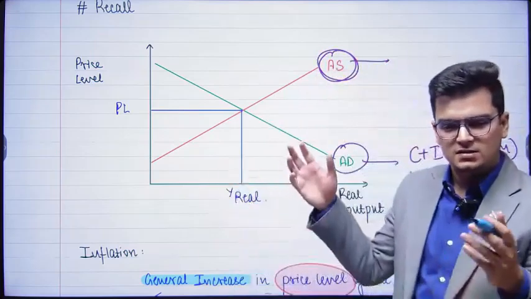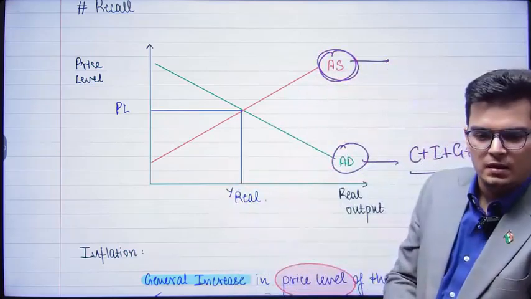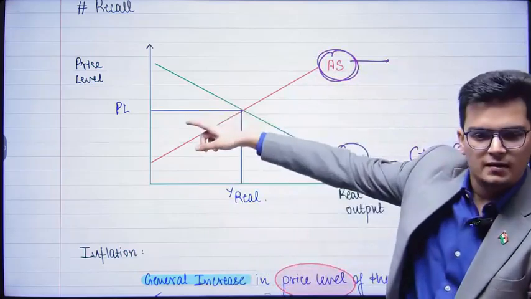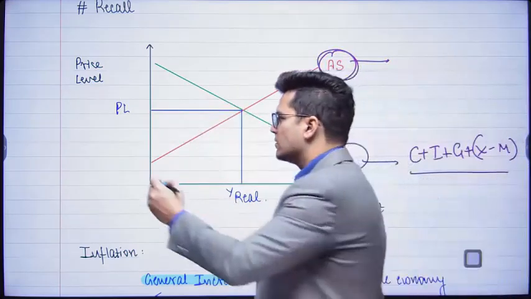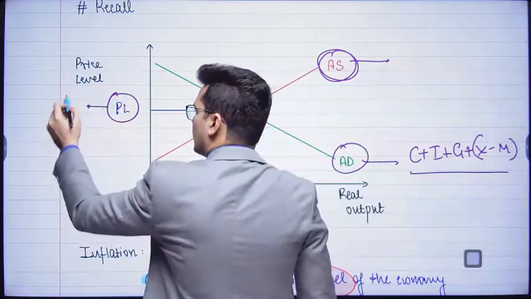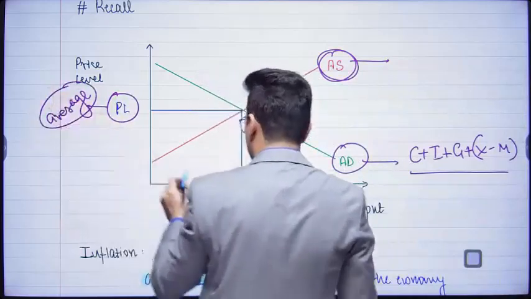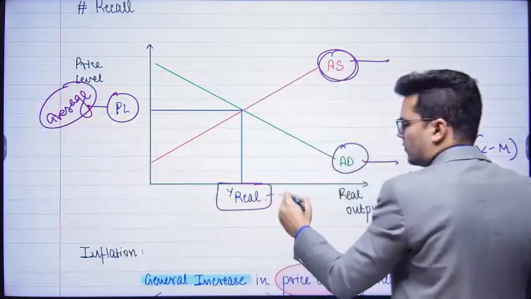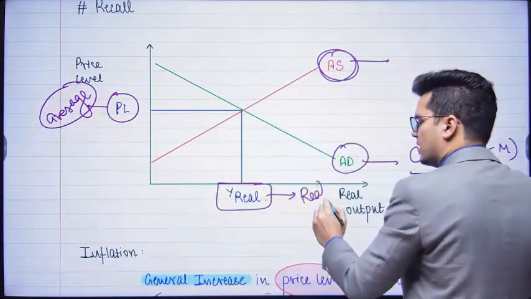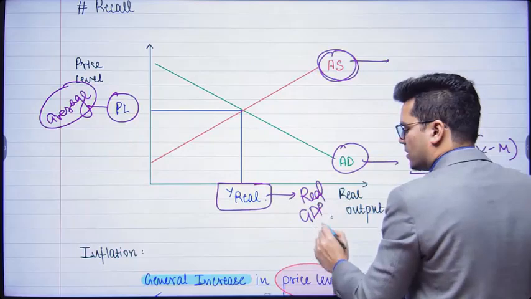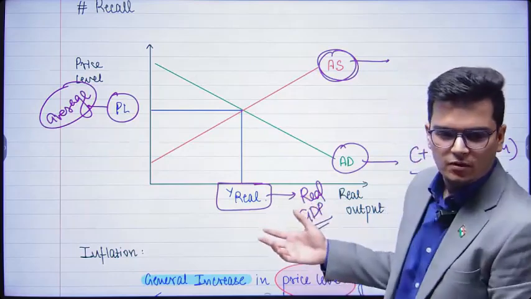Aggregate supply is total supply put together. Now this PL here, this is what? Price level in the economy. Average price level in the economy. And this here was real output, which I can also write as real GDP. This we have read before.